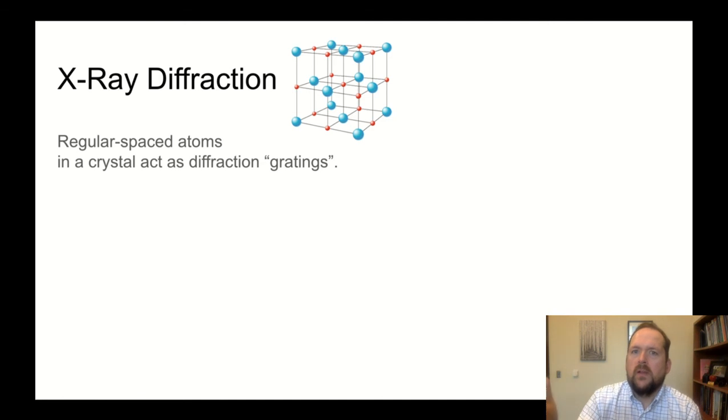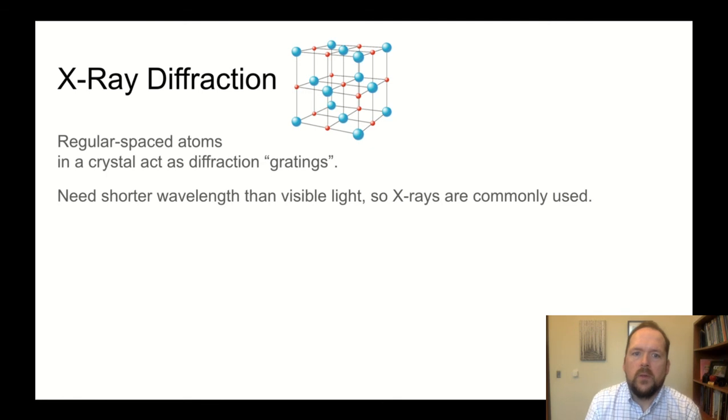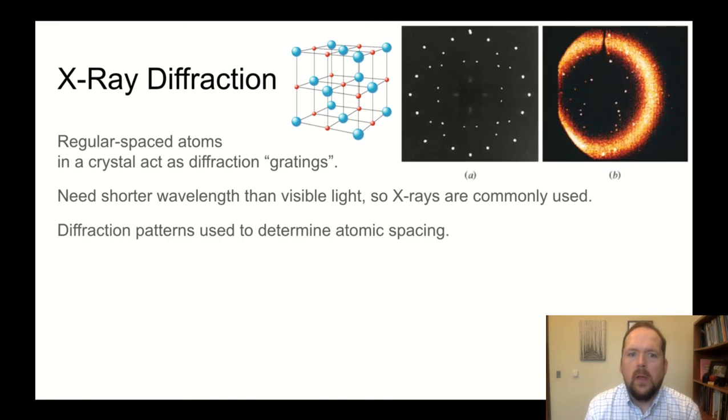You're just looking at the reflected beams, if you will, rather than the ones that are transmitted through an opening. So again, you can't do this with visible light with material because the visible light wavelengths are too long. So you have to have something that has a shorter wavelength in order to actually accomplish this. And X-rays are commonly used in this particular imaging technique.